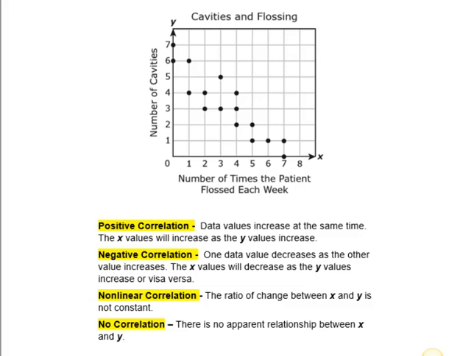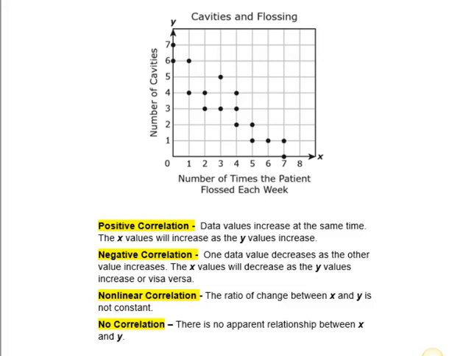So positive correlation means data values increase at the same time. This means that as the x value increases, so will the y value increase. Negative correlation means as one data value decreases, the other value increases.